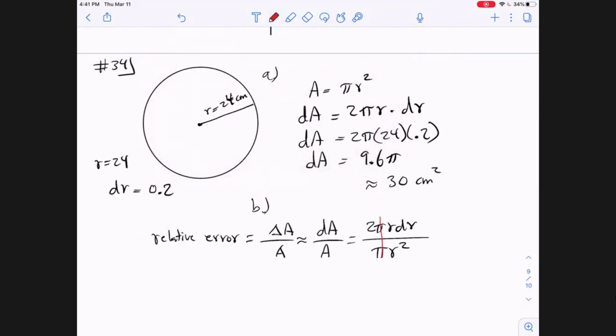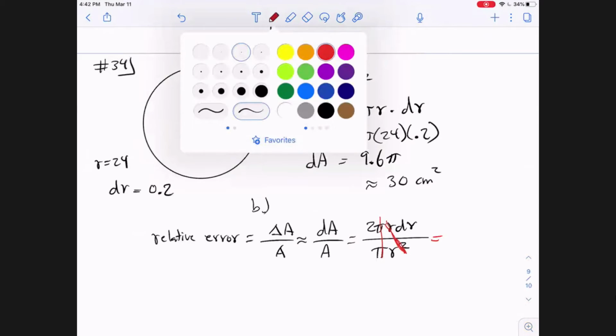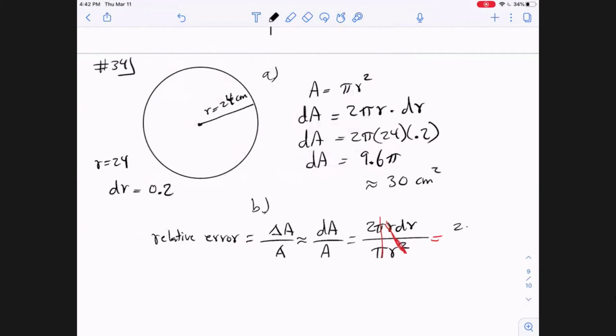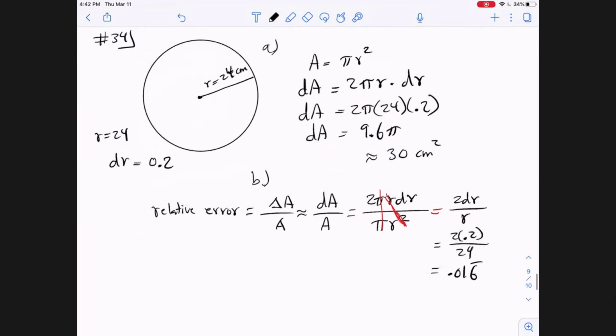So the pi's cancel out, and one of the r's cancels out here. So we're left with 2dr over r. If we plug in our numbers, you get 2 times 0.2 over 24, which gives us 0.0166 repeating 6. That's the relative error, which I'll explain what that is in a second.